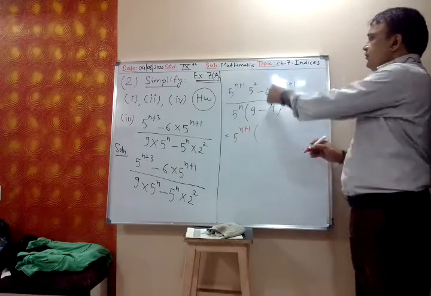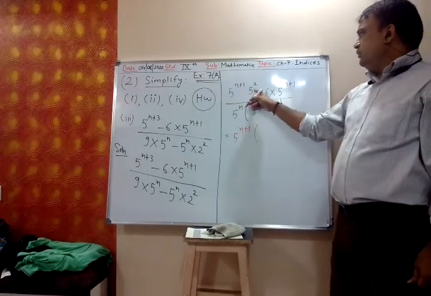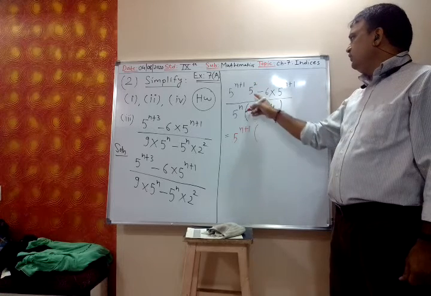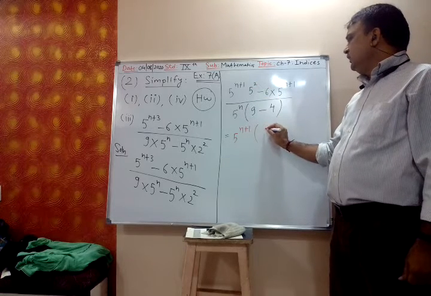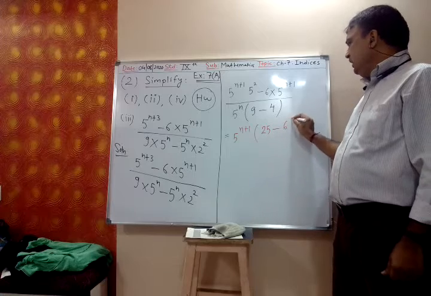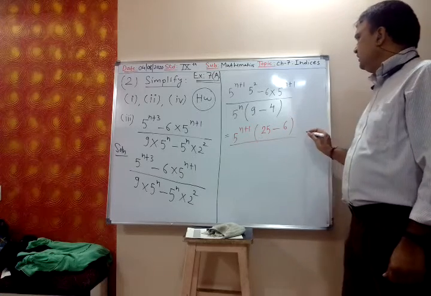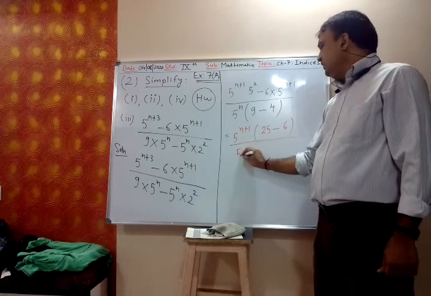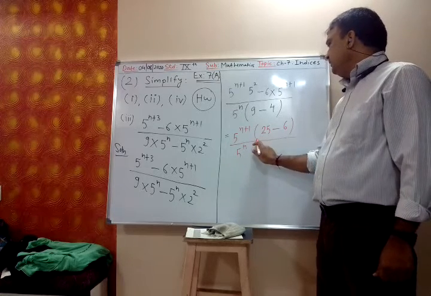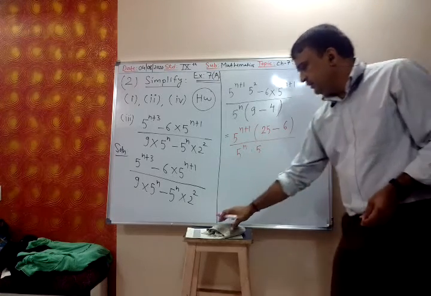Then what is left? 5 raised to 2, which means 25, minus 6. Then 5 raised to n. Then 9 minus 4 is 5.